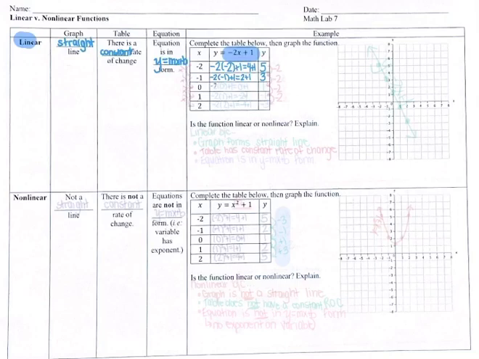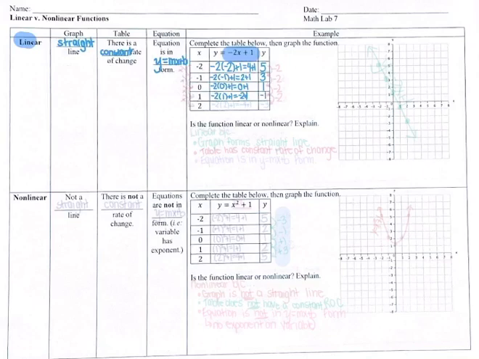Zero, we plug in 0 there. -2 times 0 is 0, plus 1 gives us 1. Plug in 1, -2 times 1 plus 1. -2 times 1 is -2 plus 1 gives us -1.